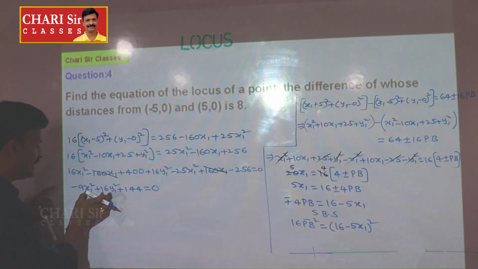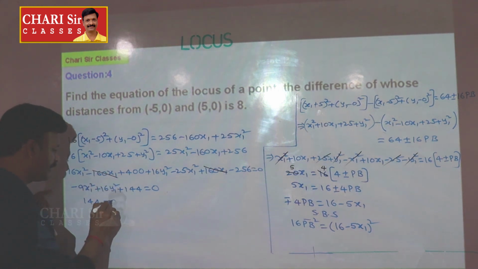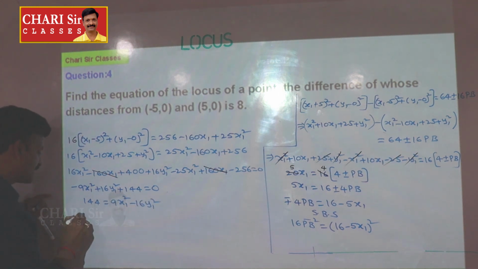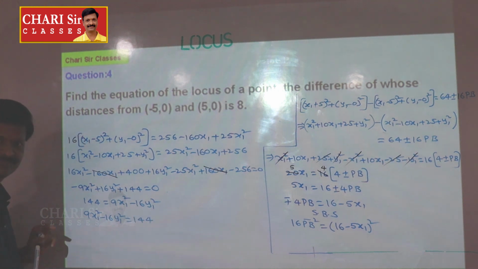Now let's take these terms to the right hand side. So 144 is equal to minus 9x1 square, you can write 9x1 square positive minus 16y1 square. Now this can also be written as 9x1 square minus 16y1 square is equal to 144.